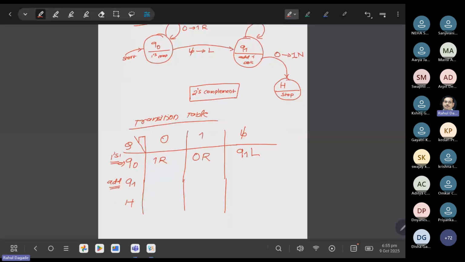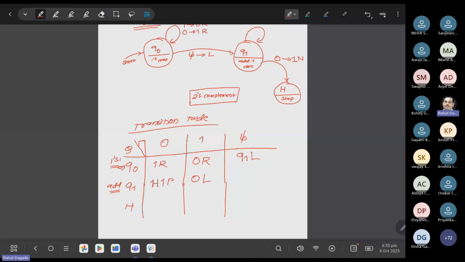And what is Q1 doing? When it gets 1, it converts that into 0 and moves the pointer to the left. And when it gets 0, it writes 1 and goes to the H state, with no movement.